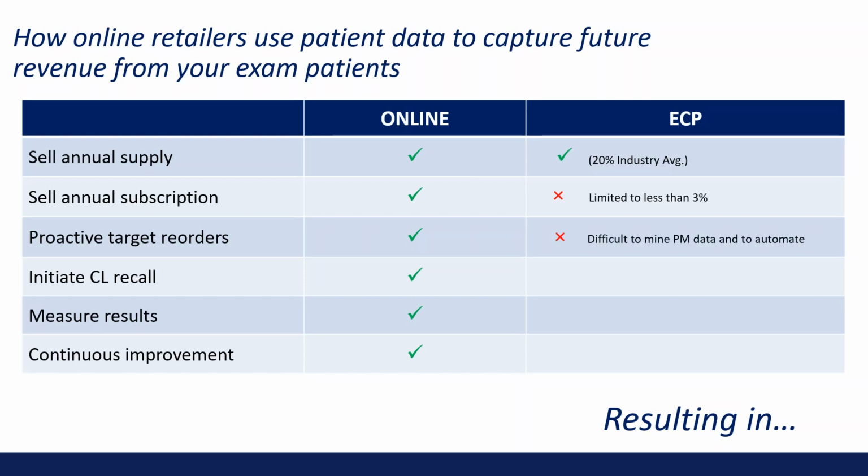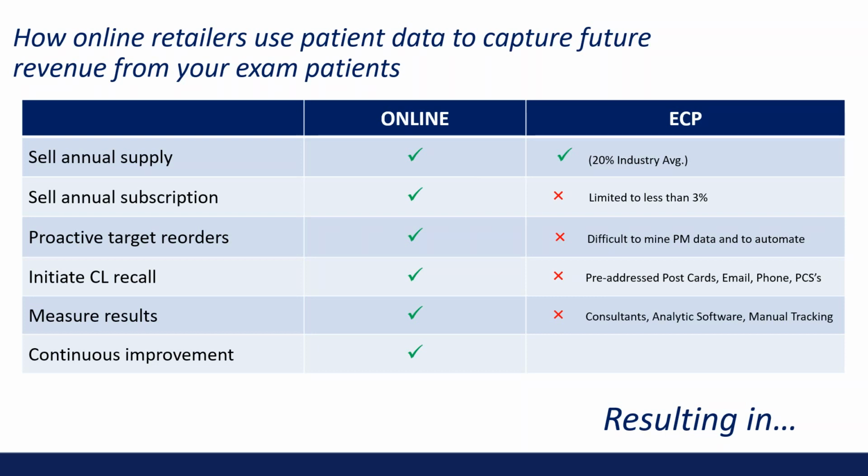So while online is proactively targeting reorders, ECPs are finding it difficult to mine the data to get to that point where they can target market. Recall, we're stuck in the past with pre-addressing postcards and emailing and phone. We're doing some patient communication systems, but so is the competition.